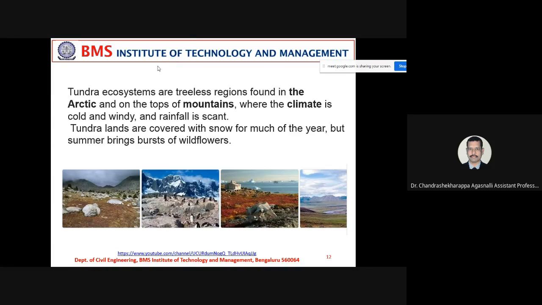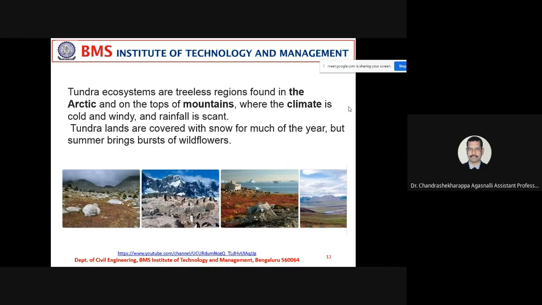So tundra ecosystems are treeless regions found in the Arctic and on top of mountains, where the climate is cold and windy and rainfall is very scanty, very little rainfall. That we call the tundra ecosystem.